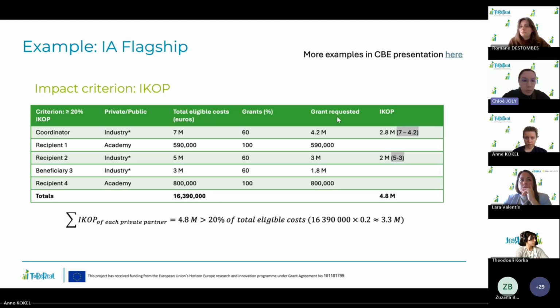Here for this example, we have several industry and academic members. And some of them are BIG members. I think these are the ones with the star, industry recipient 2 and beneficiary 3. They are all BIG members. No, sorry, it's the coordinator and the recipient.